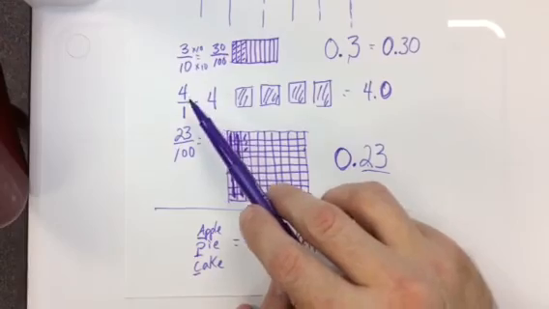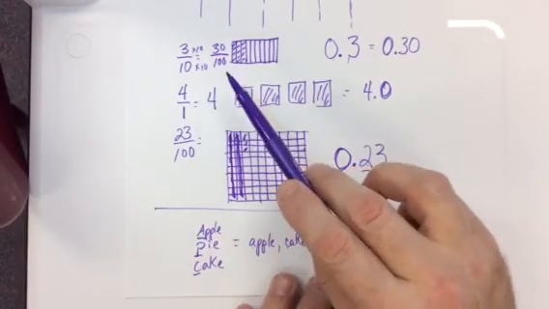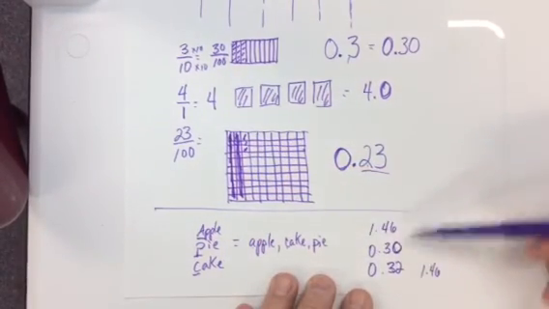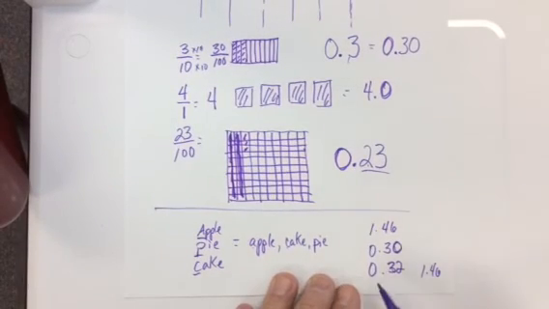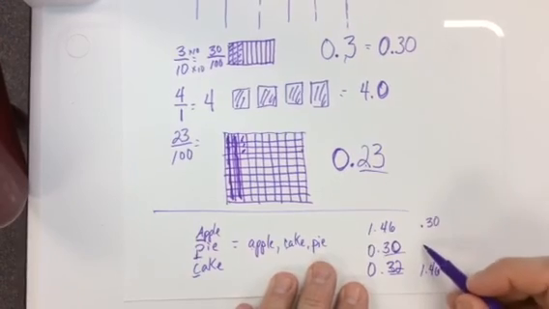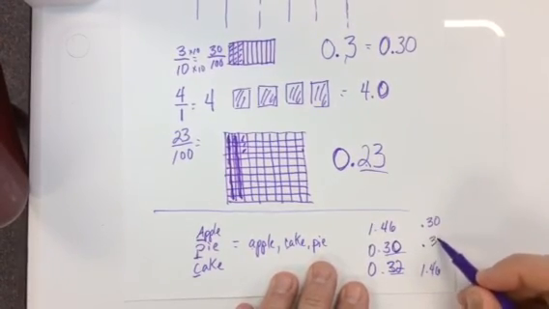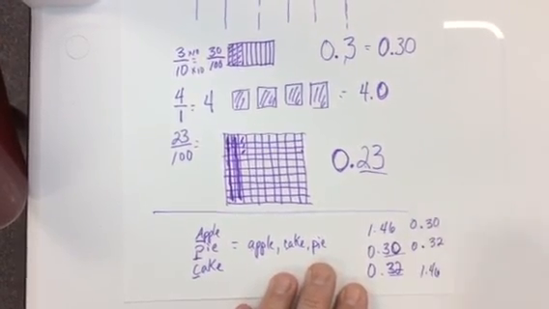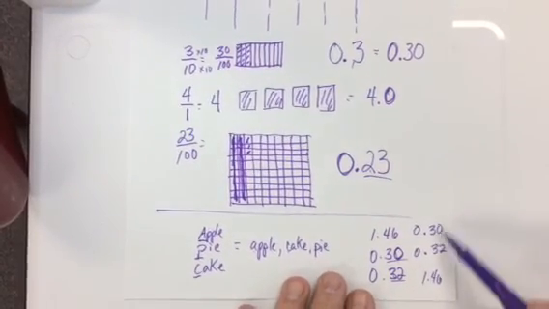So just like I did up here, to turn the 3/10 into 30 hundredths, I transferred that down. So if I'm trying to compare these, it's pretty evident now which is smaller, 30 or 32. So 30 hundredths would be my smallest, and 32 hundredths would be my middle number.